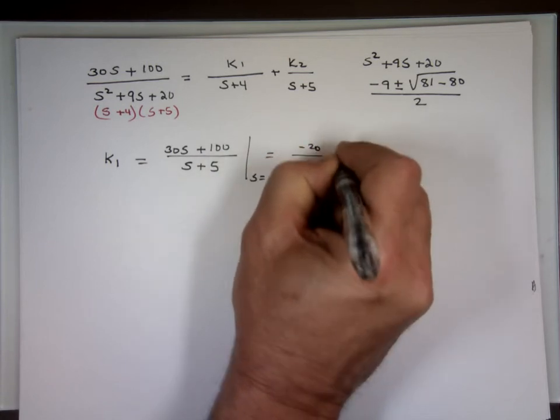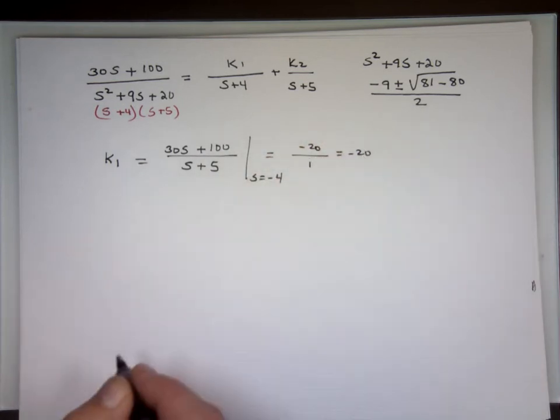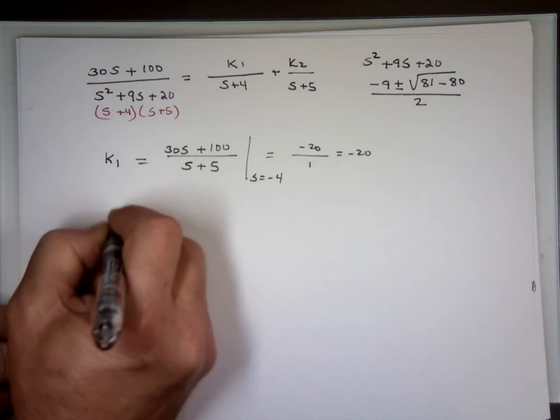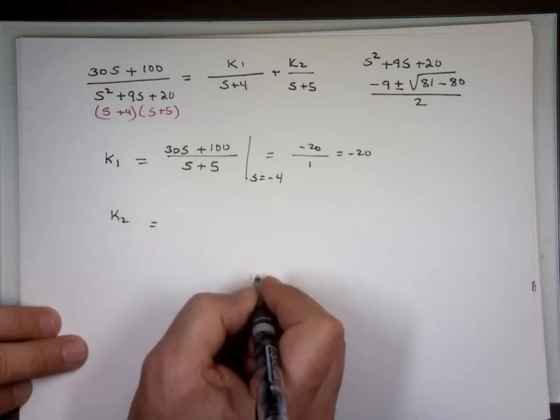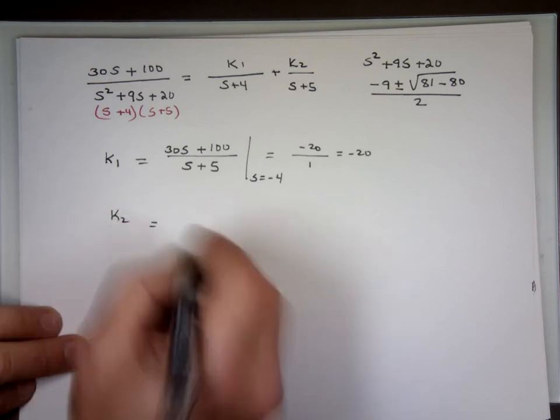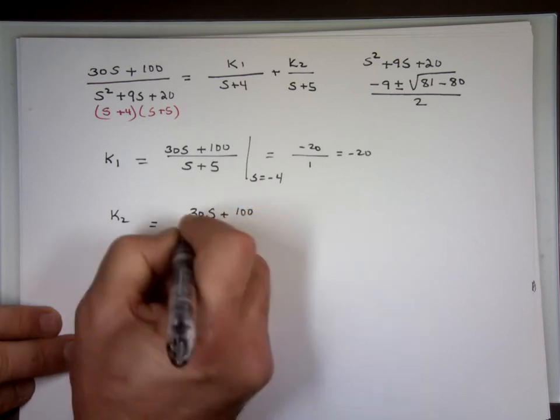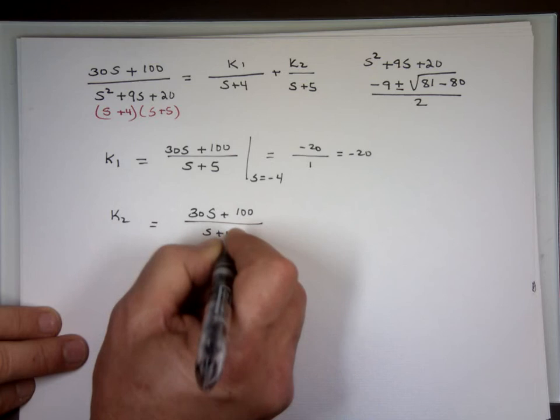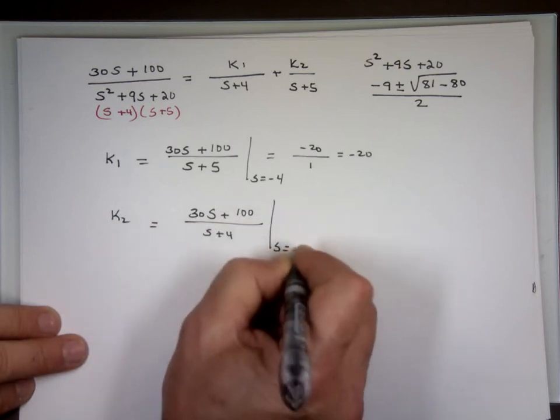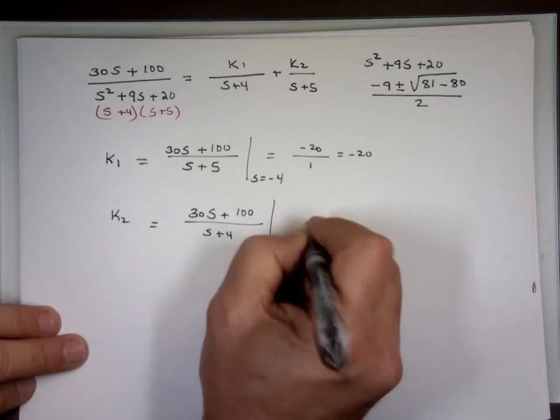And what's K2? K2 is sitting on top of s plus 5, so 30s plus 100 over s plus 4 when s equals what? Negative 5? Negative 5 plus 4 is negative 1.